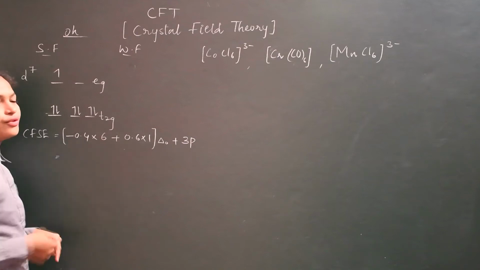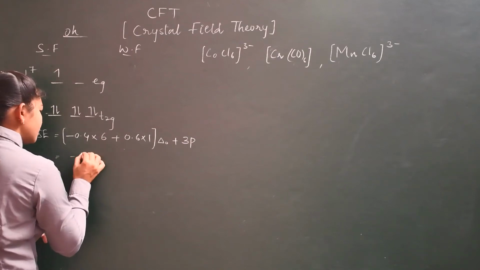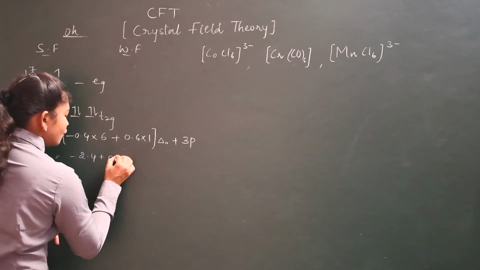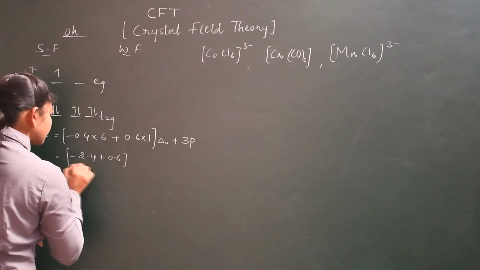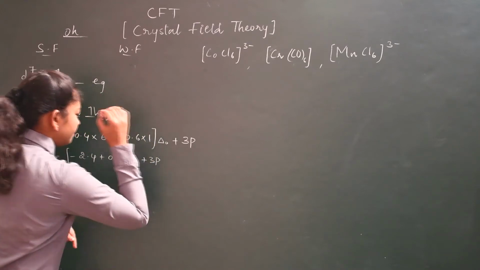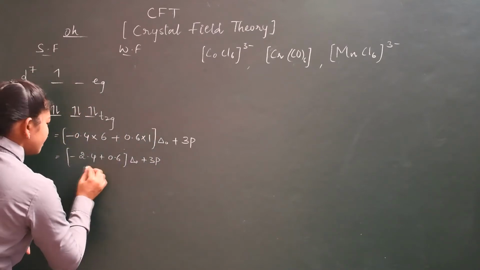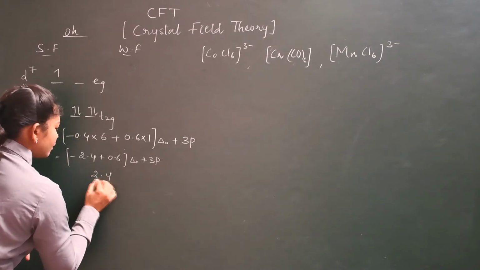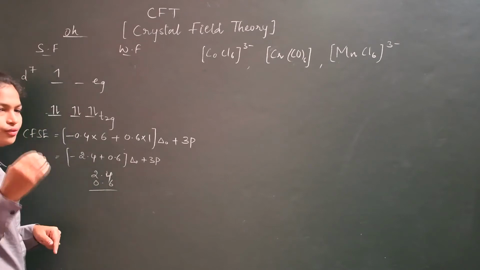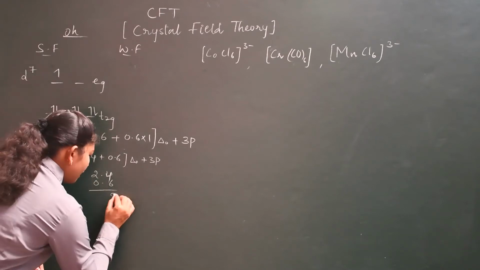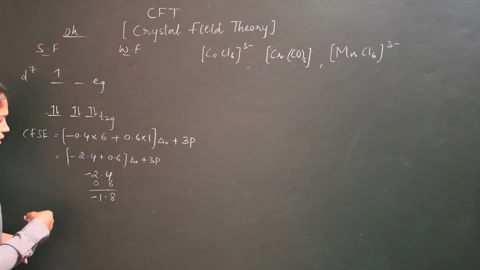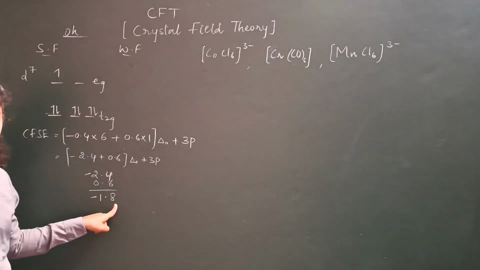Minus 0.4 into 6 is 2.4, so minus 2.4, plus 0.6 delta naught plus 3P. Then 2.4 minus 0.6 gives 1.8, so minus 1.8.